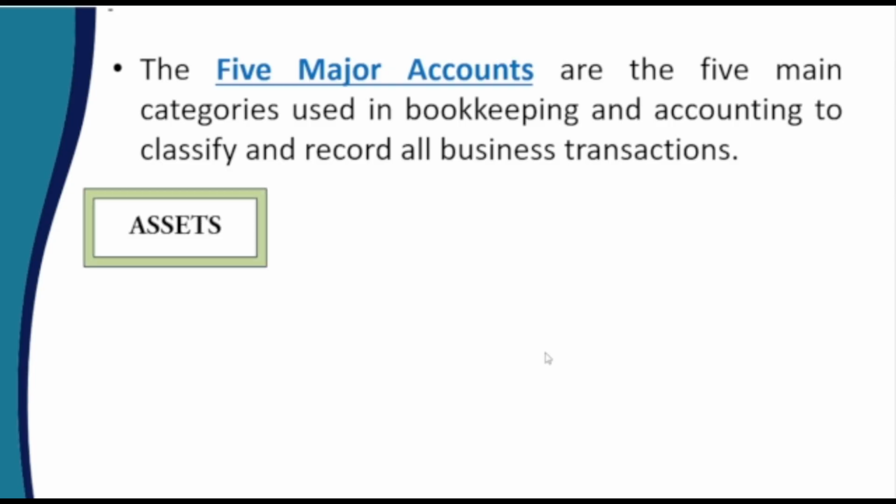Number 1, one of the 5 major accounts is assets. We discussed this in our day 1 bookkeeping tutorial, but now let's tackle it again. Assets are the resources or properties owned by the business that have value.